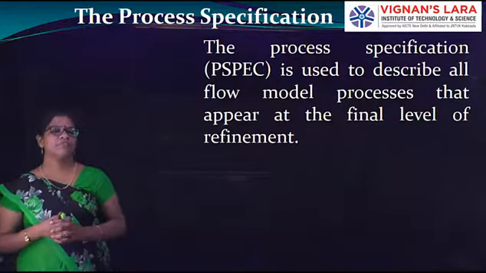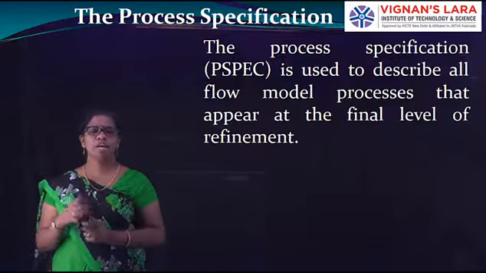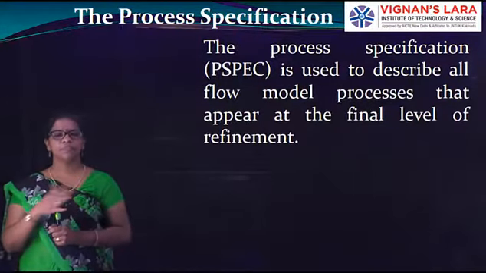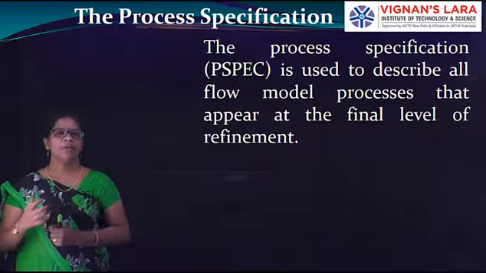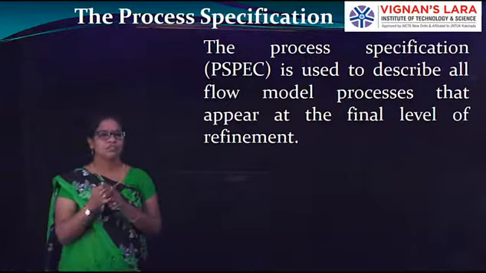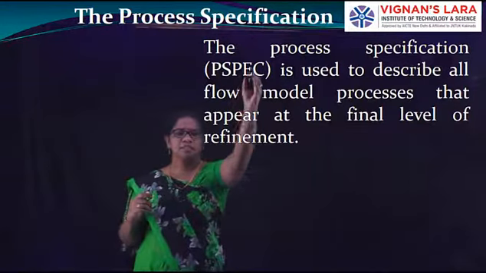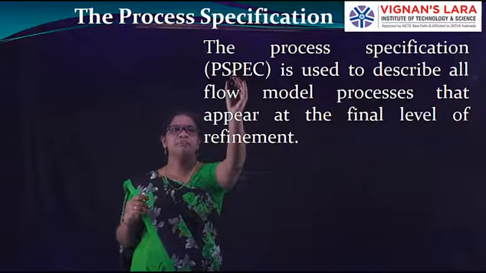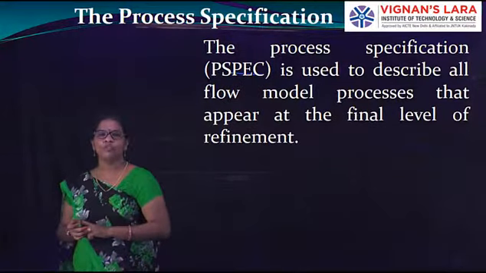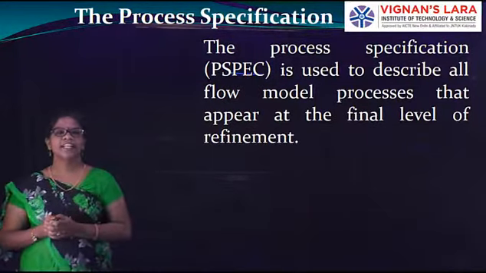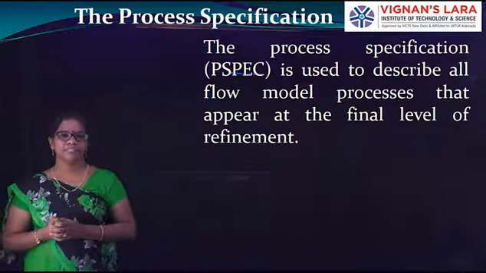the process specification. Up to now we have seen the control specification, CSPEC. Now we are going for the process specification, PSPEC. So, the differences between CSPEC and PSPEC. This PSPEC is used to describe all flow model processes that appear at the final level of refinement.